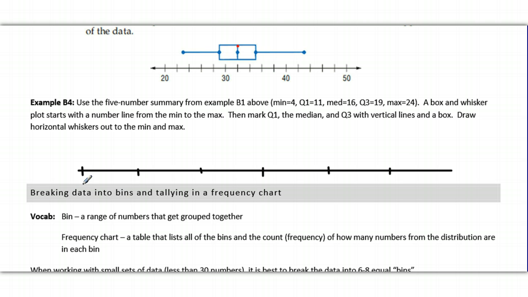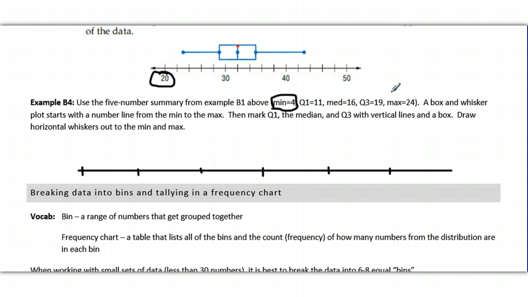So the reason I started at 0 is not because there's anything special about starting there. I could have really started anywhere. This example up here started at 20. I started at 0 because my minimum, my lowest number, happens to be pretty close to 0.